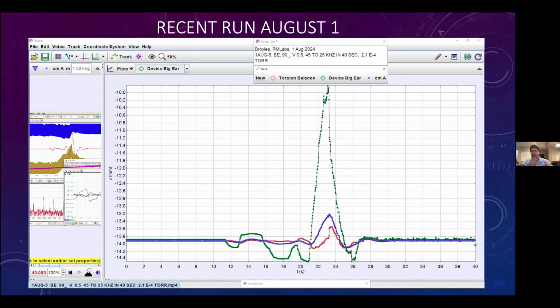What you're looking at in this graph from 0 to 40 seconds is a sweep. You can see at the top, it started at 45 kilohertz and ended at 40 kilohertz. This was a run done August 1st, so it's been a while. Usually during that time with our other bearings, you get a lot more noise. Here the graph almost doesn't move until it gets closer to the resonance point, and then it stabilizes again.